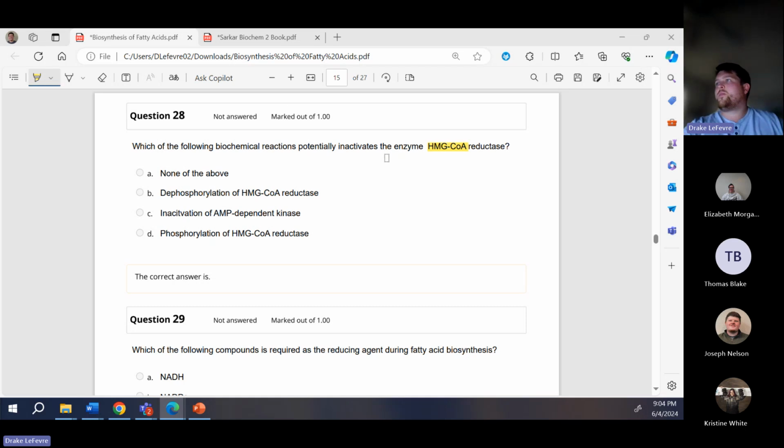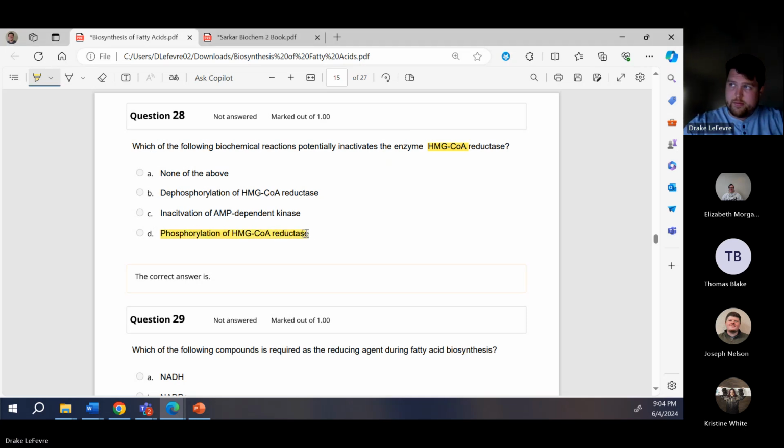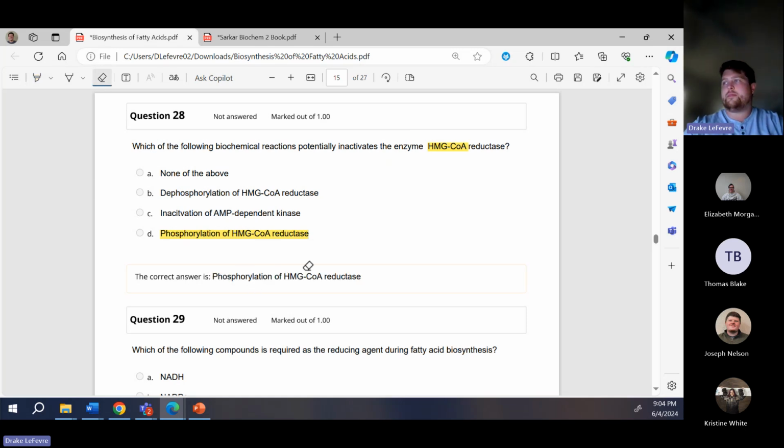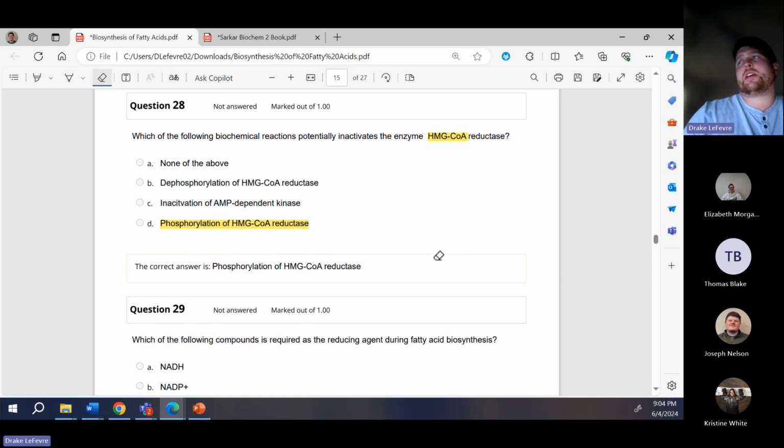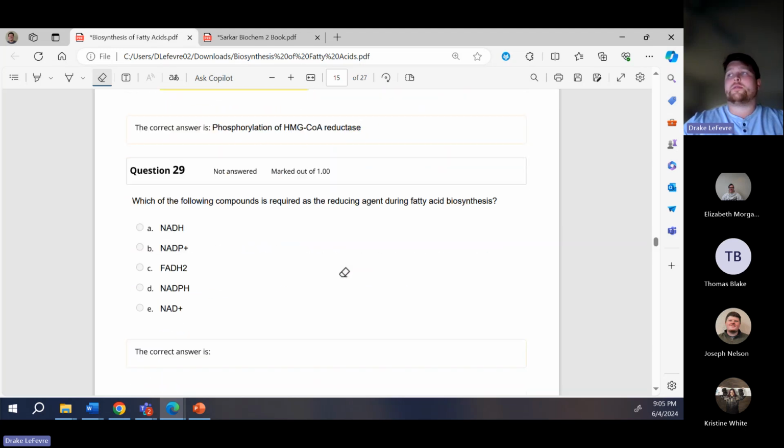So inactivating the enzyme HMG-CoA reductase is going to be phosphorylation. That's just a memorization thing. Phosphorylation sometimes activates, sometimes inactivates. HMG-CoA reductase gets inactivated with phosphorylation.